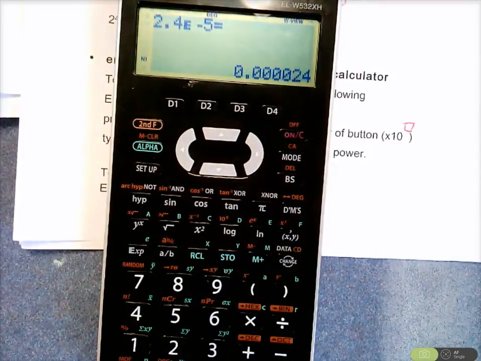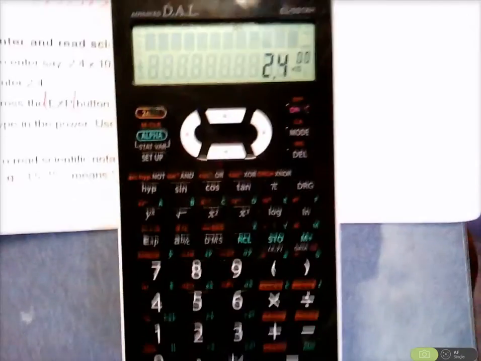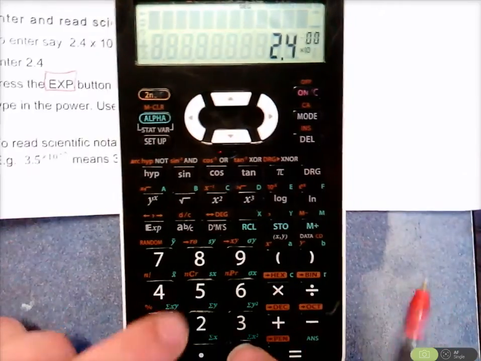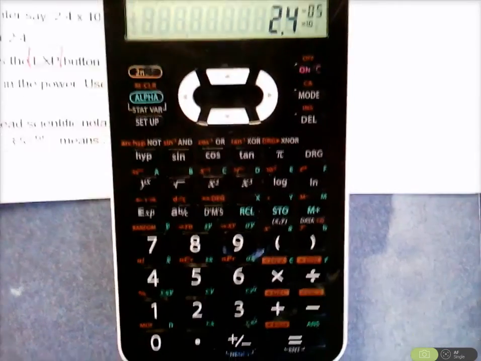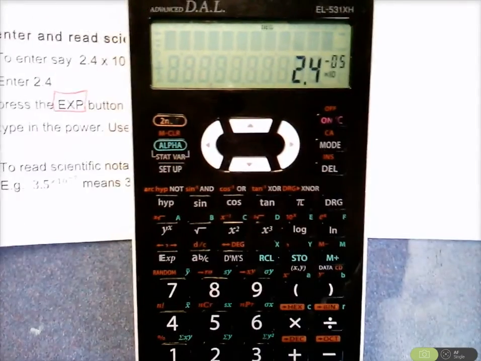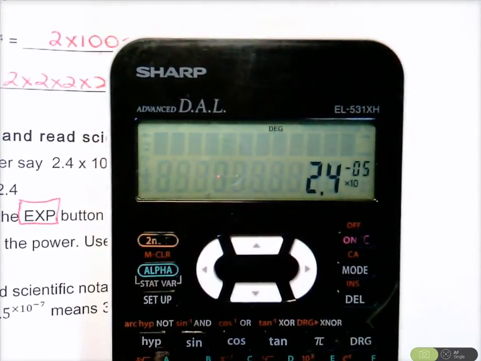The other calculator, for EXP, notice this calculator doesn't have the E, but it's got the times 10. And I go negative 5. So I still press the EXP, negative 5, but notice this calculator, look at the screen. It's got times 10 to the power of negative 5.